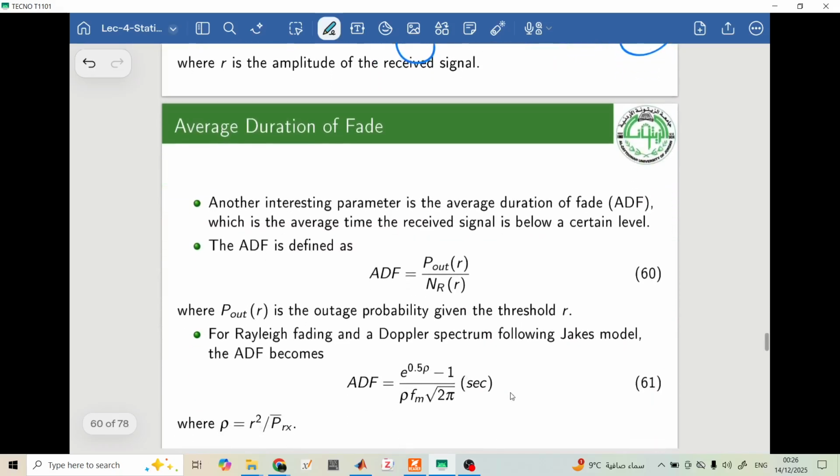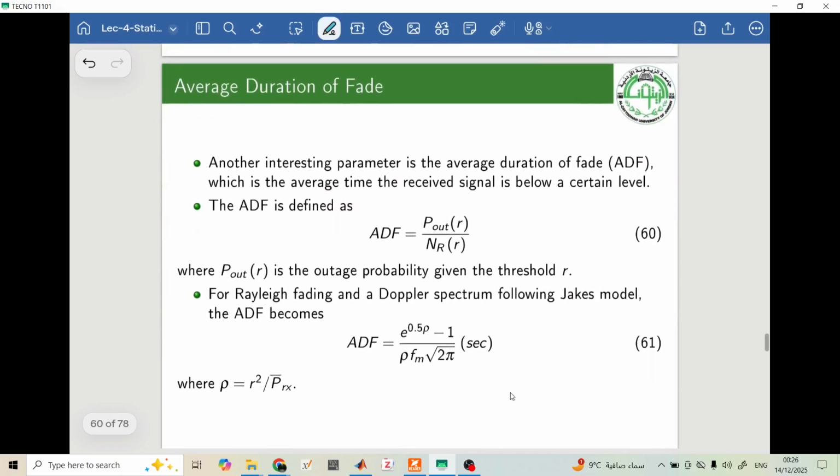We are interested in another quantity, which is called the average duration of fade. So let's say we have a level crossing happening. Now, how long would the received power be less than the receiver sensitivity, meaning how long would the outage persist? Of course, it's a random quantity, so we are interested in the average duration of this fade or outage.